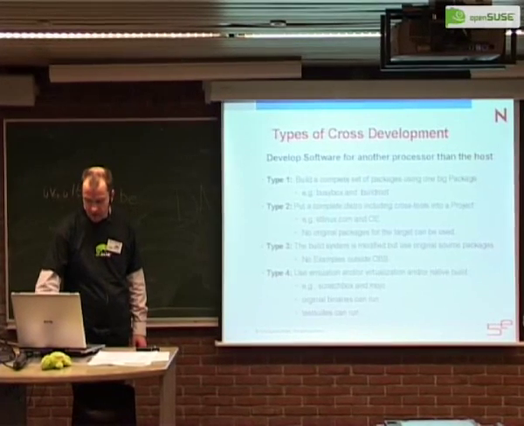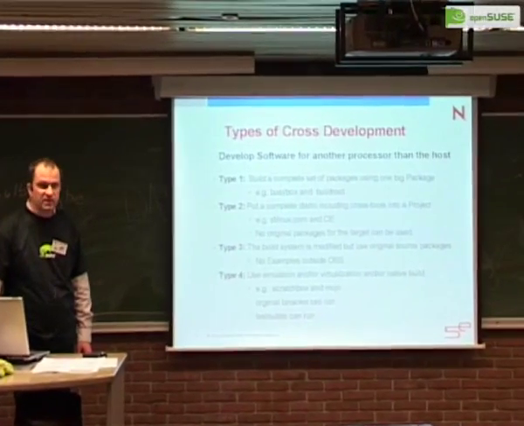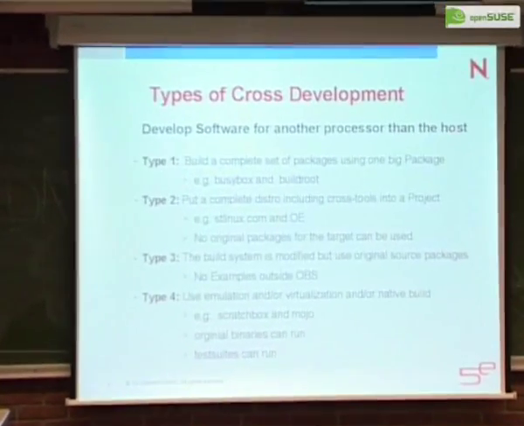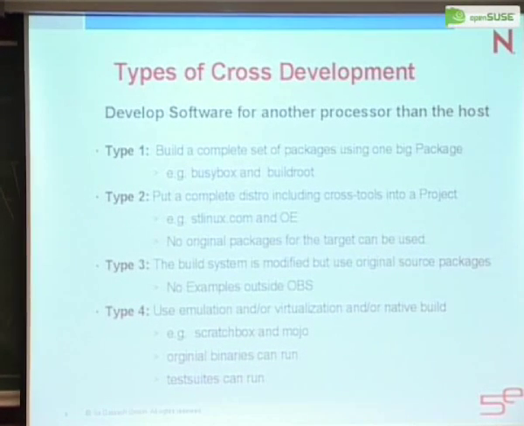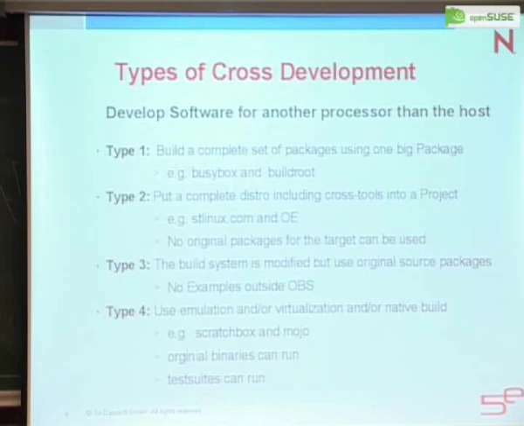What kind of cross-development systems can we have or do exist? I have examples for that here, so that you know what I mean, not only by theory and category, but also by some example.